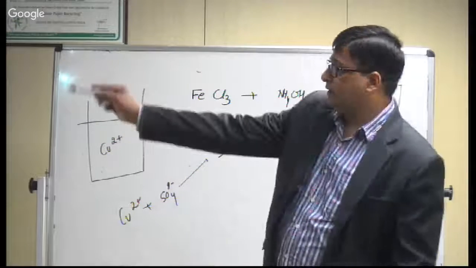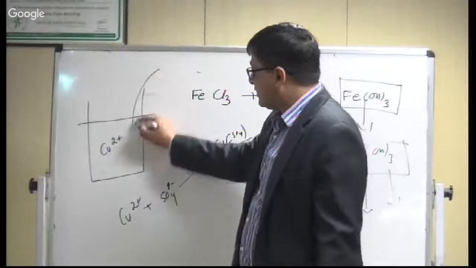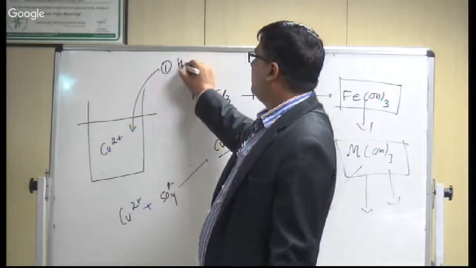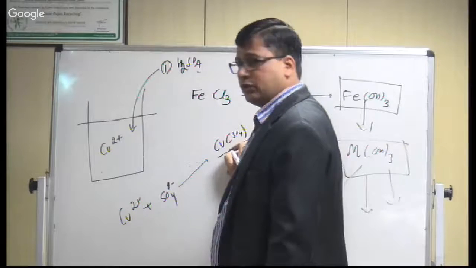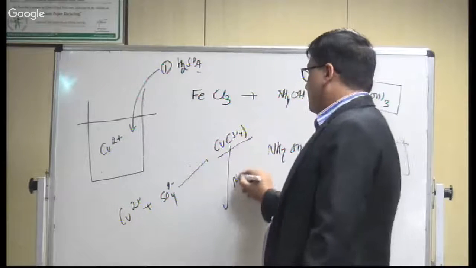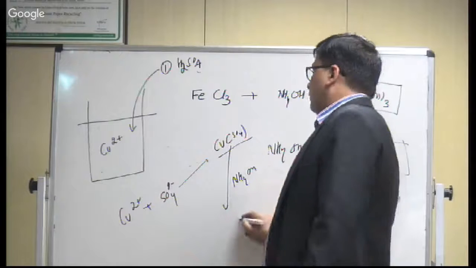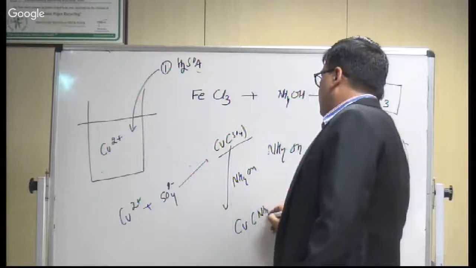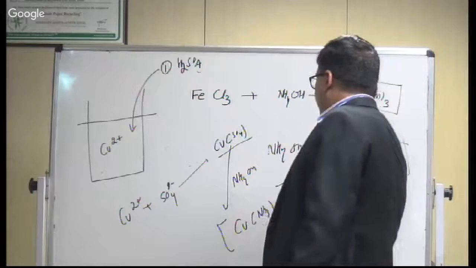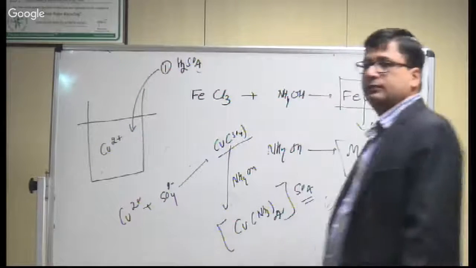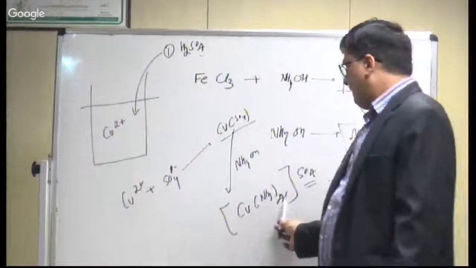In the first step we have added H2SO4. It will form CuSO4. When this CuSO4 is treated with NH4OH, it gives [Cu(NH3)4]SO4.